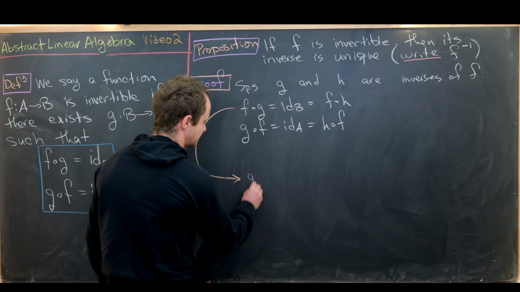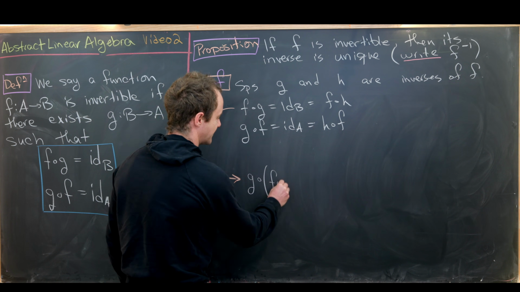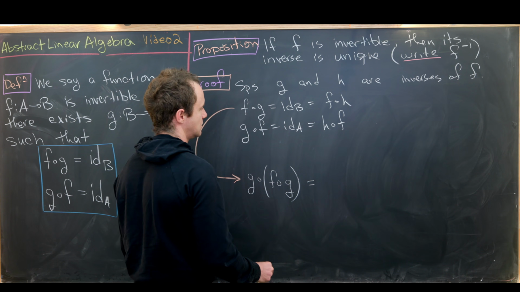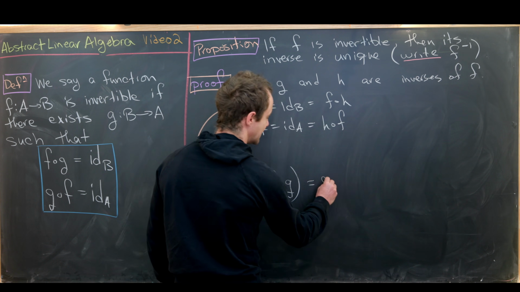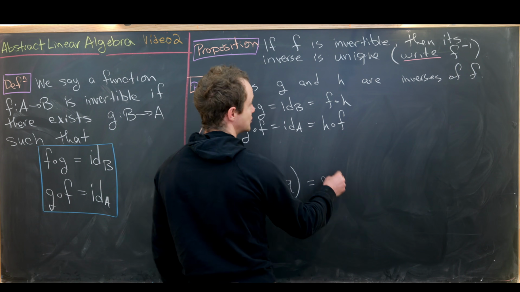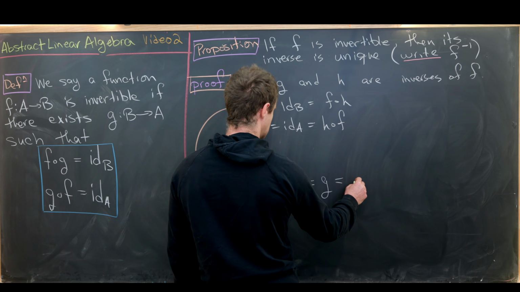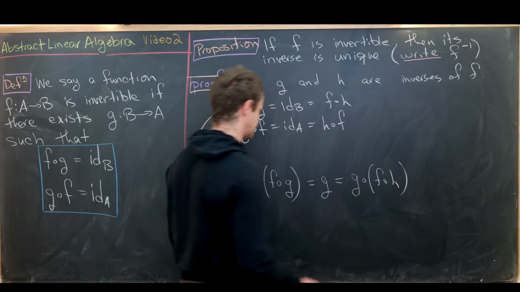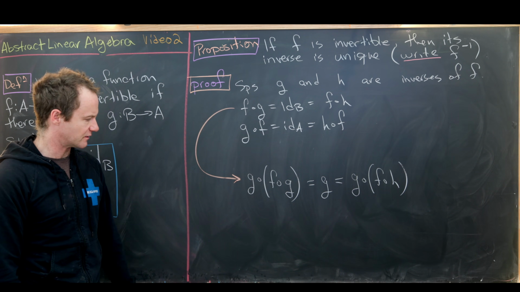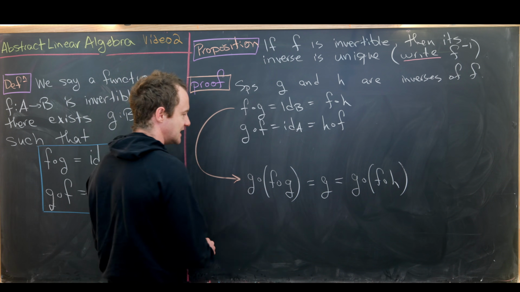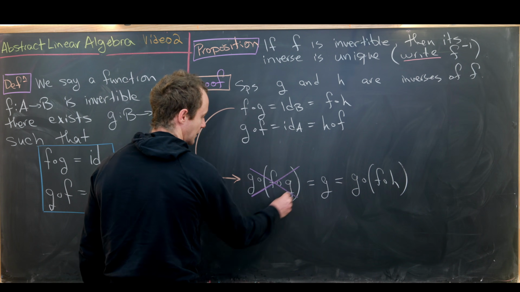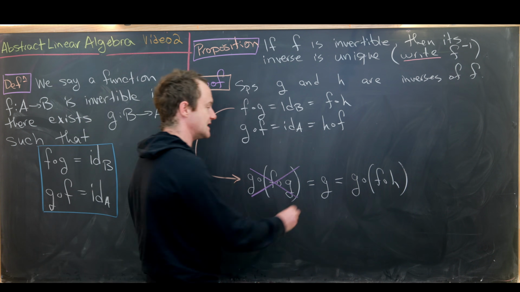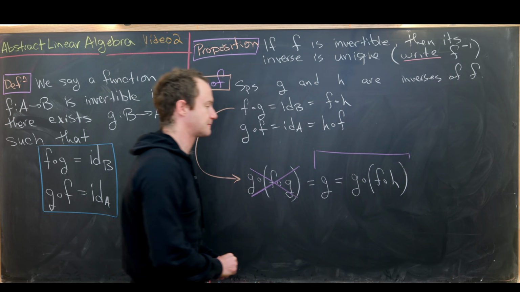So that'll give us g composed with f composed with g is equal to just g composed with the identity, which is g, which is also equal to g composed with f composed with h. Okay, so that's starting to look good. We're not actually going to need this portion of the equality, although it's still true, but we just won't need it for our argument. We'll only need what's happening over here.